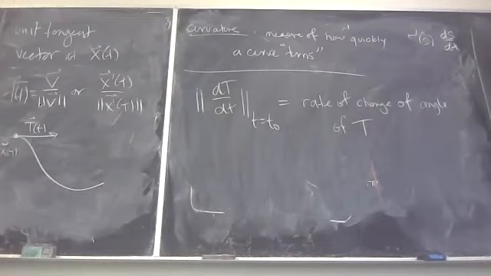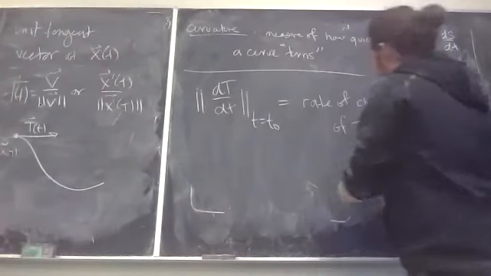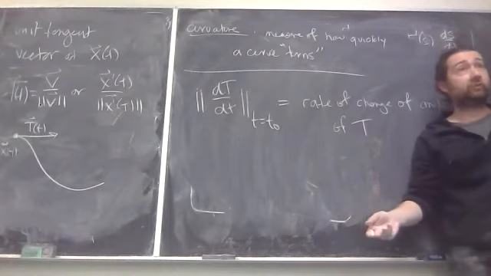Even if you take the circle out, here's T of t. At this point, T of t would face right here, which would mean you were looking at an angle like this. As you bring that picture together, how quickly did it look like the angle was changing at that point? So this is a measure of the rate of change of the angle of the unit tangent vector. And how does that measure curvature?